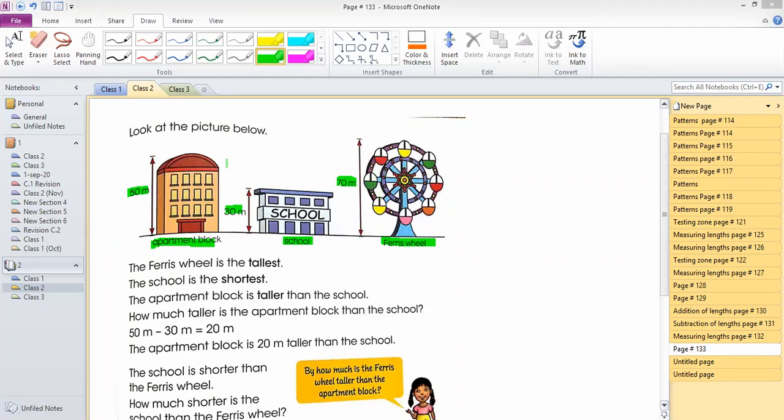Guys, here the measurement is in meters. Okay. School is 30 meter. Apartment block is 50 meter. Can you tell me among apartment block, school, and Ferris wheel, which is the shortest? School.